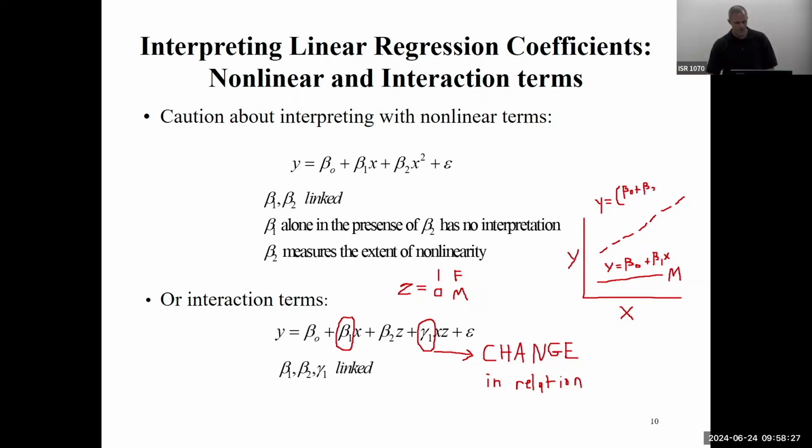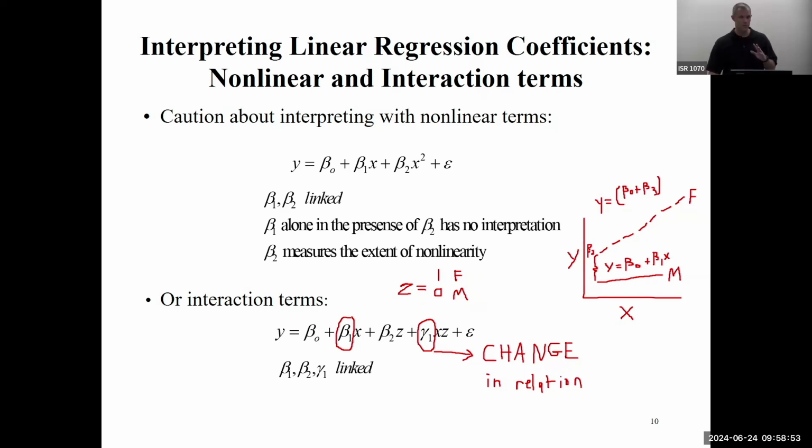Right? Now, Z is equal to 1. So now the regression function for females has a different intercept. That gap in intercepts between males and females is beta 2. So beta 2 is the change in the intercept between males and females.